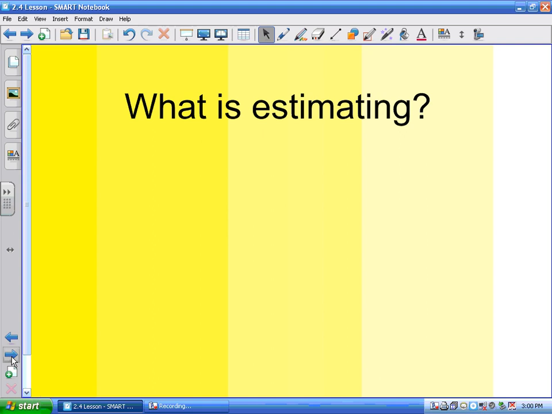So, for example, if I wanted you, without looking around, to estimate the number of legs on chairs and tables in here, don't look, all right? What would your estimate be? Put your hand up when you think you have it. All right, Tristan? 8. 8 legs on chairs, okay. What about you?